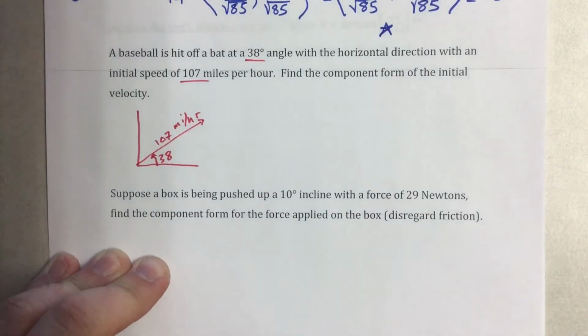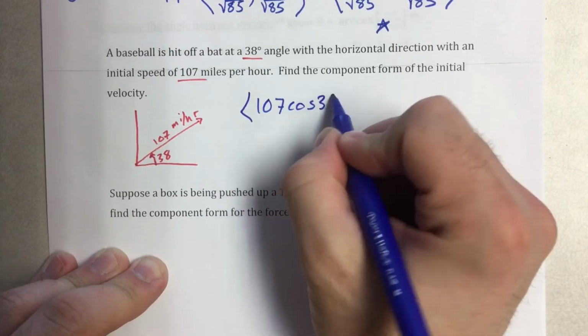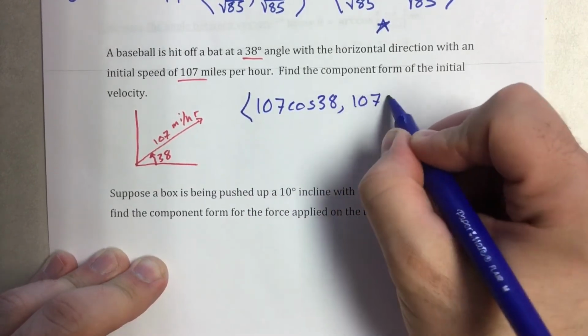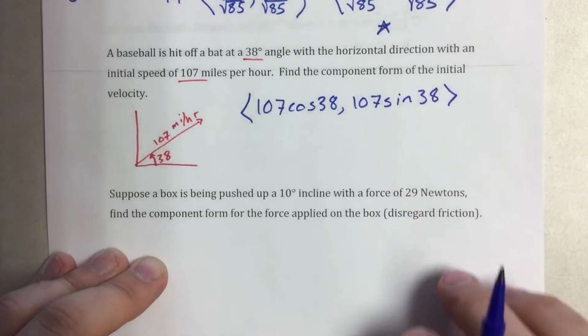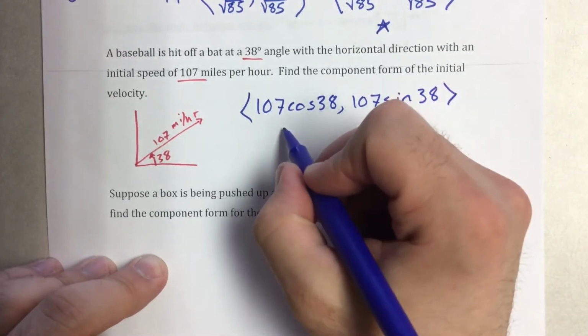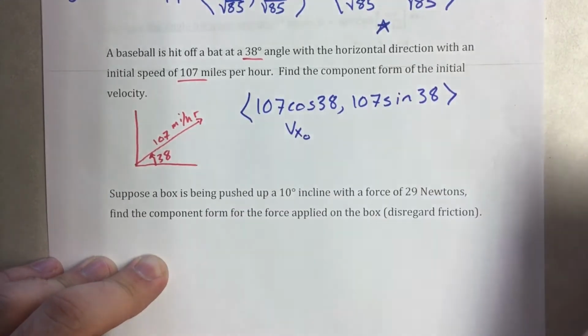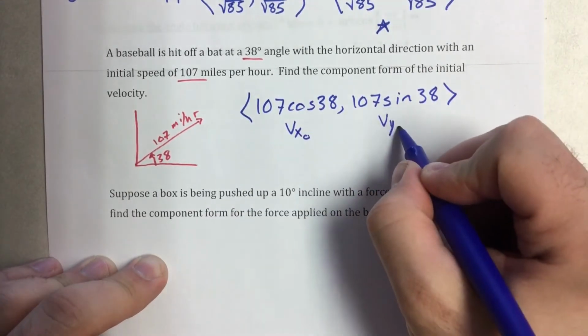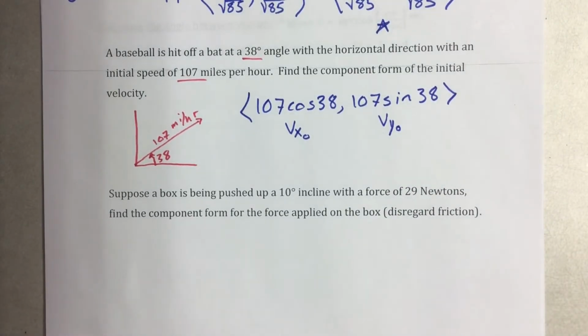So the components are just 107 cosine of 38, 107 sine of 38, and finished. So this is the x component of the initial velocity, and this is the y component of the initial velocity. Just knowing what those two numbers represent.